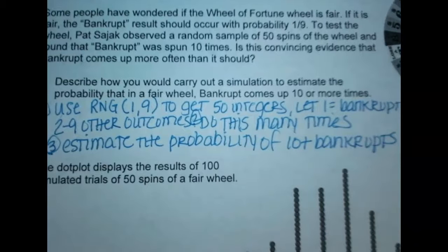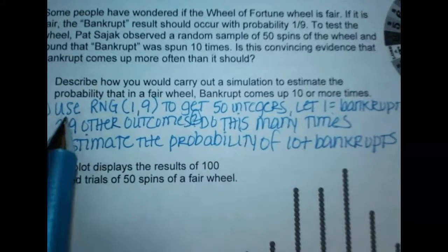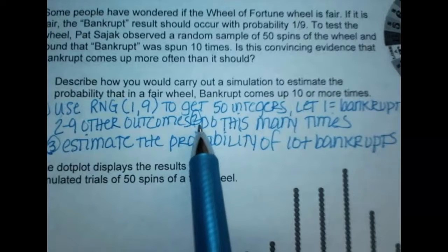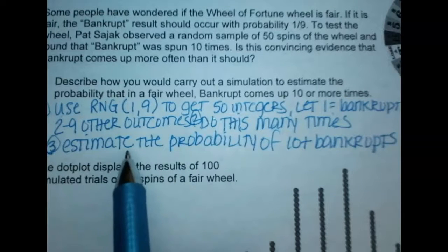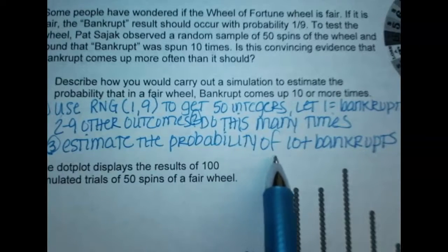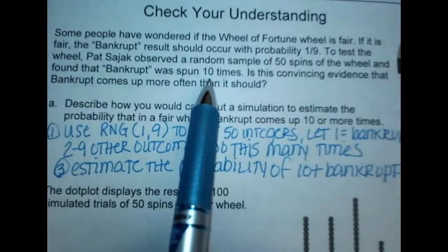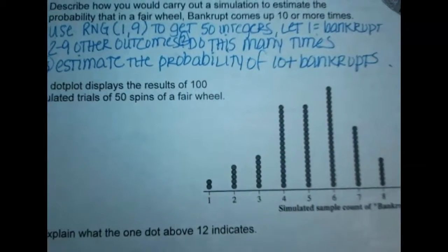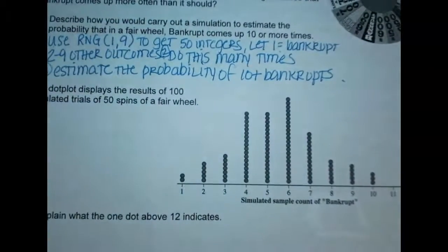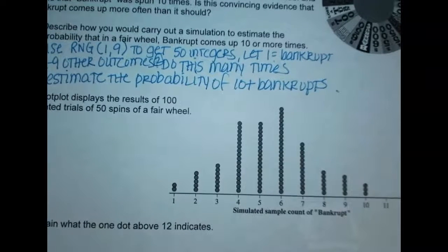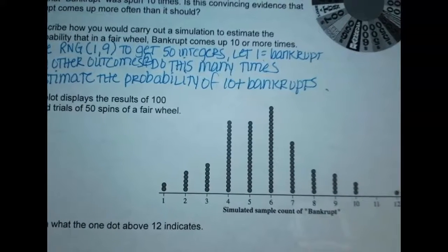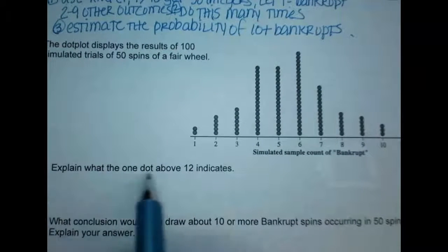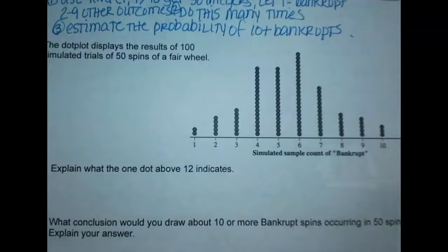All right, so we had all 3 parts. I said how I was going to randomize. I said who's a winner and who's not. Do this many times, and then what do I do with the results? I'm going to estimate the probability of 10 plus bankrupts, because that's what the scenario was talking about. Then here we have a display of a simulation. The results of 100 simulated trials of 50 spins. Okay, so we have to be able to explain what a single one of these dots means.